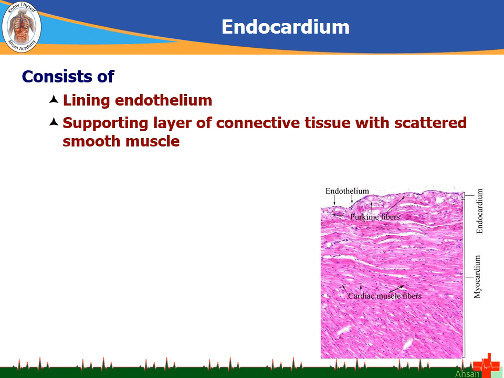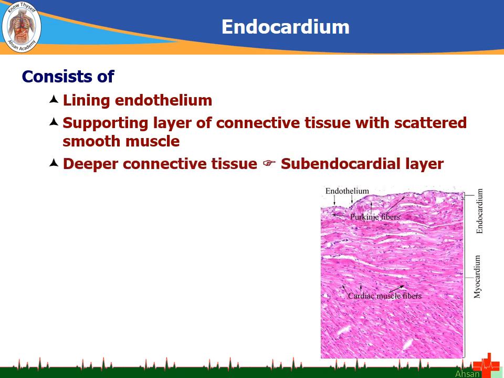It is on a supportive layer of connective tissue that contains a few smooth muscle cells, and inside that we get a deeper connective tissue layer known as the subendocardial layer. So the total endocardium comprises a lining epithelium, which is simple squamous epithelium, also known as endothelium, on a layer of connective tissue.